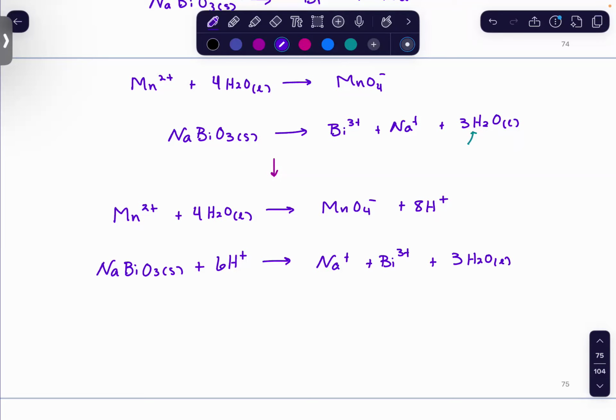Now my hydrogens are balanced. Now I'm going to need to use electrons to balance out charges. So let's see what we have here.